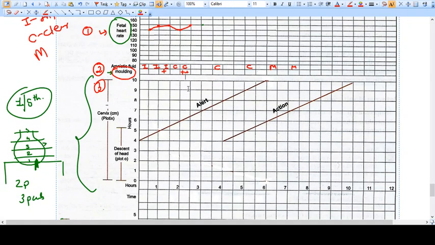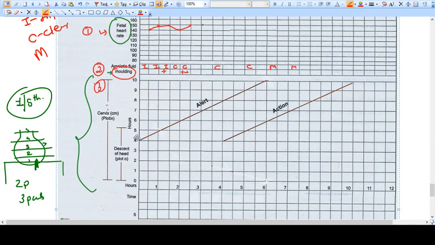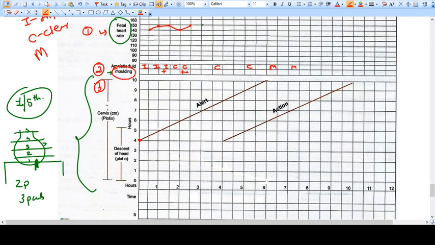Okay, now the third important part we have already discussed. This is the cervicogram. It starts at the 4 centimeter and it should go like this, normal label like this.